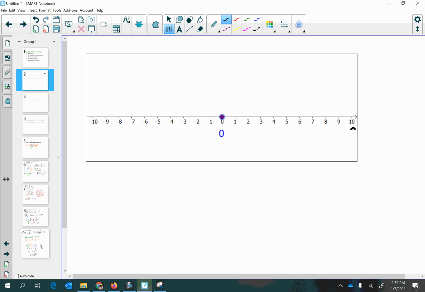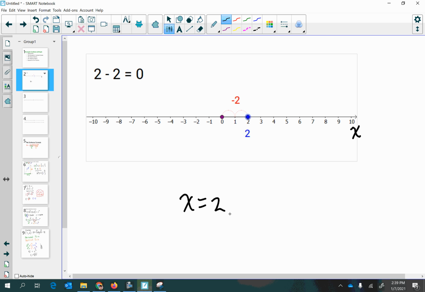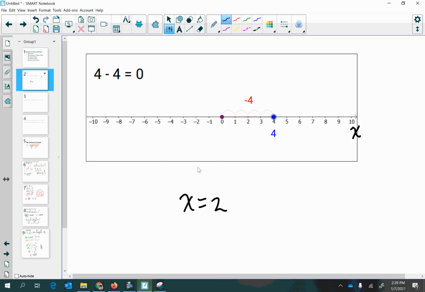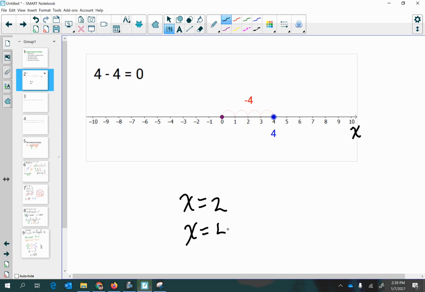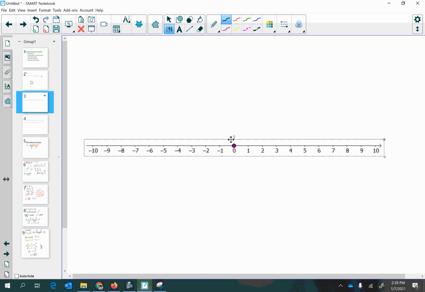So depending on what we're doing, we'll let x equal different things. So if I move my dot, say, over here, then x equals 2, right? If I move my dot over here, then x equals 4, and so on.